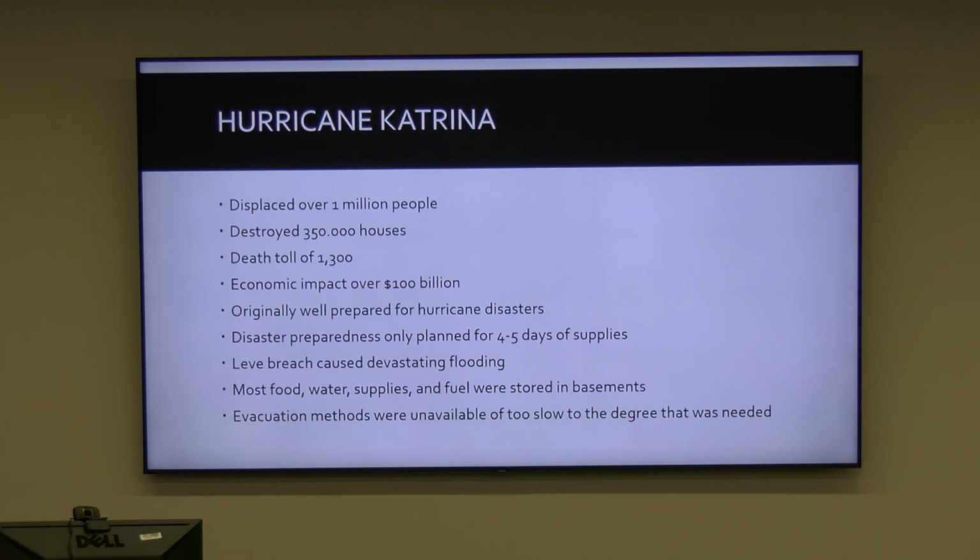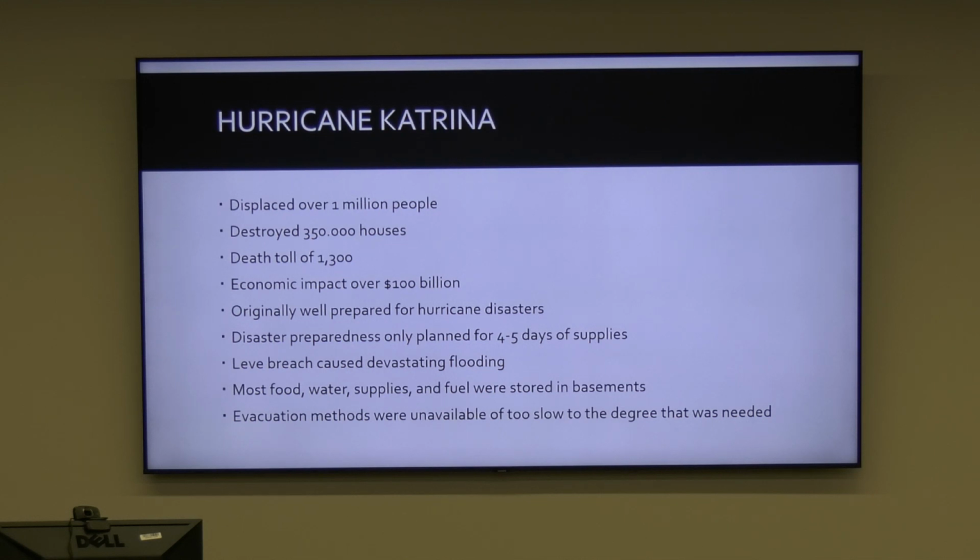Originally, people were fairly well prepared for hurricane disasters in New Orleans. They thought that they were taking care of addressing Hurricane Katrina fairly well. They had several resources, such as water and food, and they had fuel for their generator, things like that.